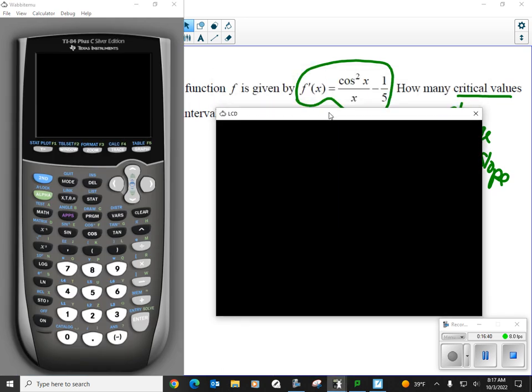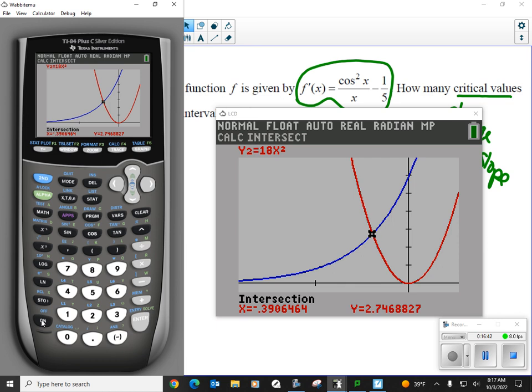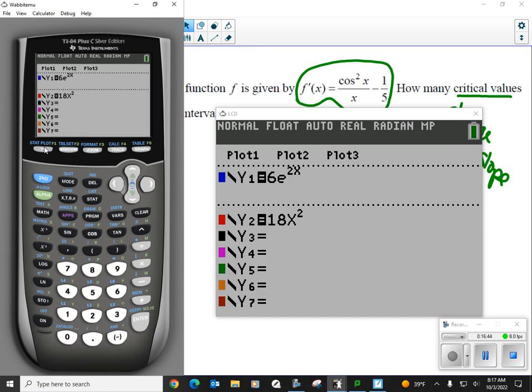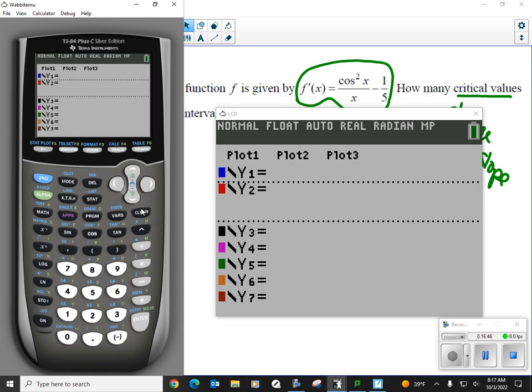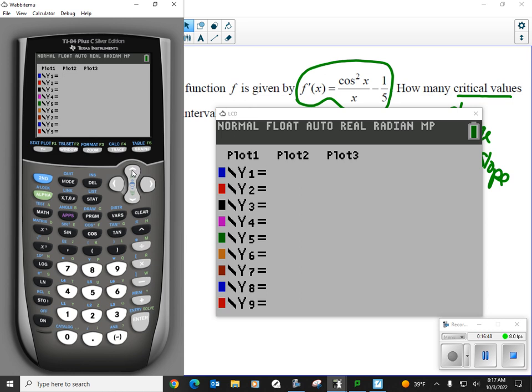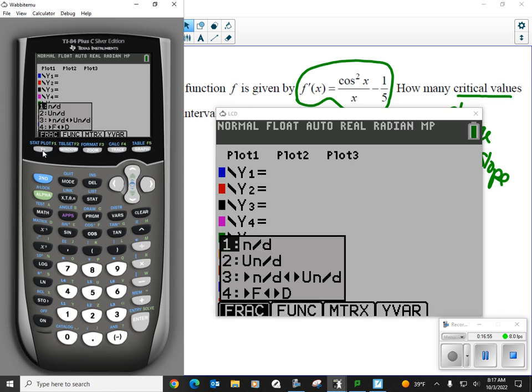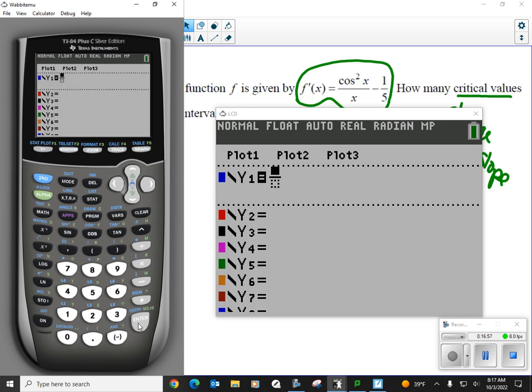And in the calculator, maybe, I'm changing my thought process here, maybe this question is just testing you on how you write cosine squared of x, because you can't put the 2 next to the s for cosine. You see that?